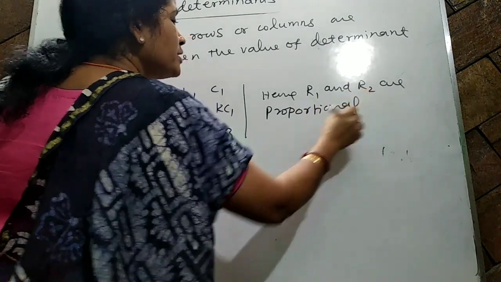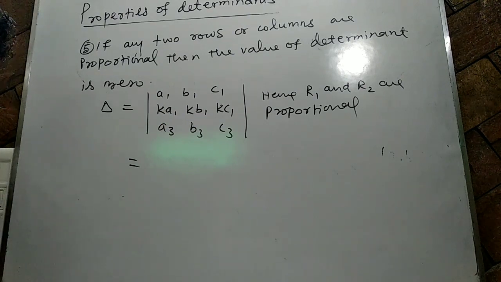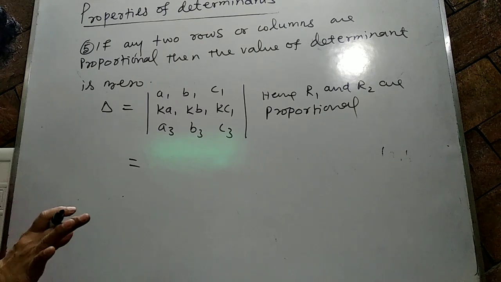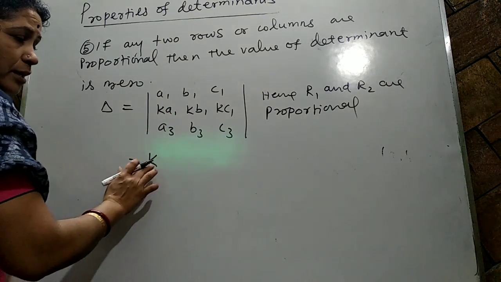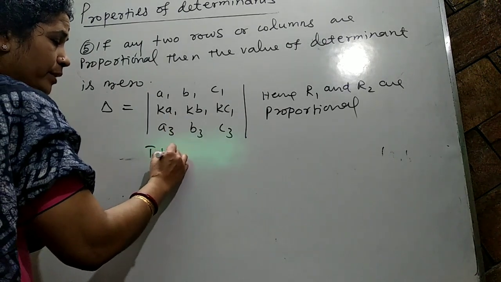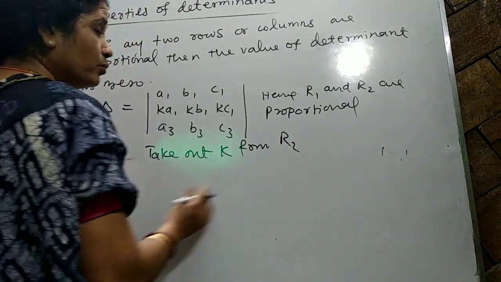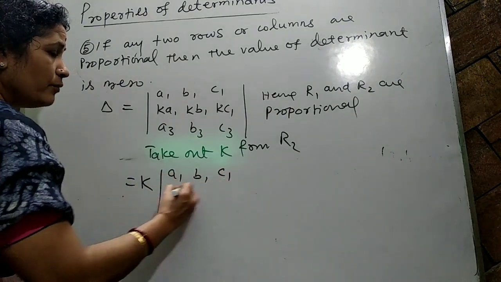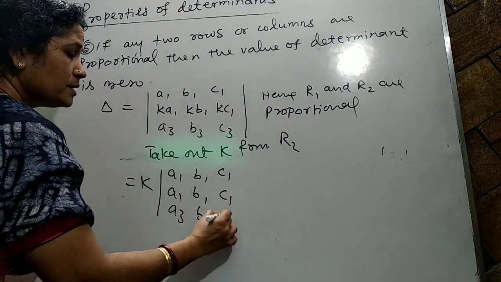Okay, now open the determinant. Just now we have seen one property: if any row or any column is multiplied by k, then the value of determinant gets multiplied by k. Did you see this property? Now, using that property, if I take out k from R2, that is equal to k into a1 b1 c1, then again a1 b1 c1, a3 b3 c3.